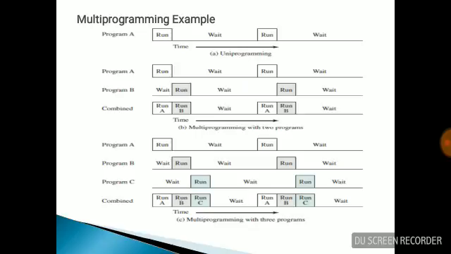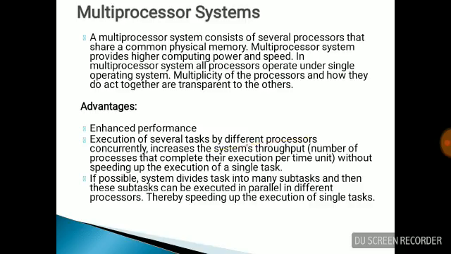If we consider multi-programming with three programs, when we increase the number of programs, we can accommodate more processes and improve the throughput. Throughput means the number of programs or instructions executed by the processor in a given unit of time.